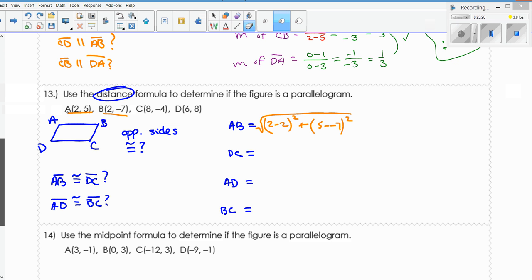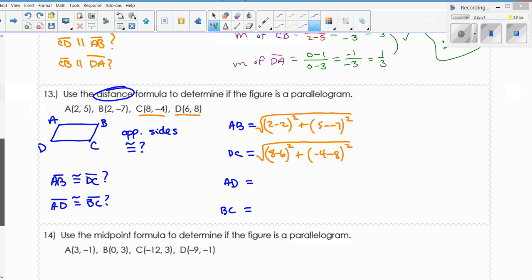DC. I'll erase this so you can see what I'm doing. DC would be this coordinate and this coordinate. My x's are 8 and 6, so 8 minus 6 squared. My y's are negative 4 and 8, so negative 4 minus 8 squared. Square root of all of that.